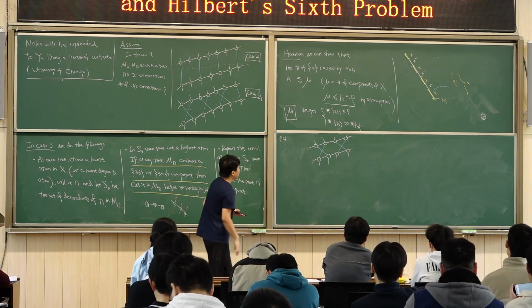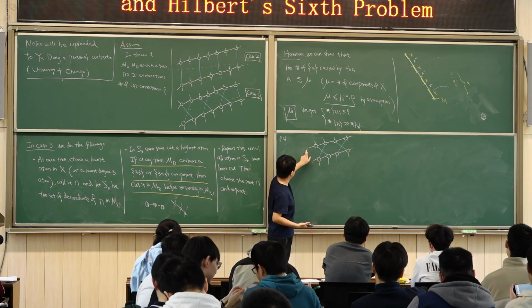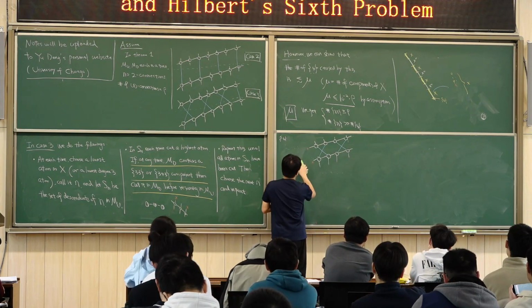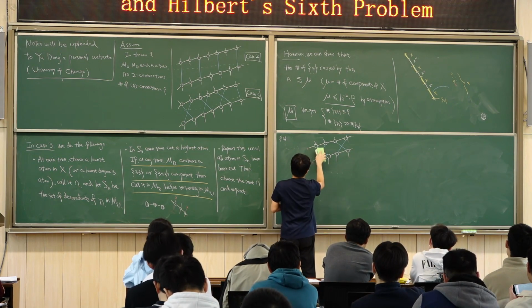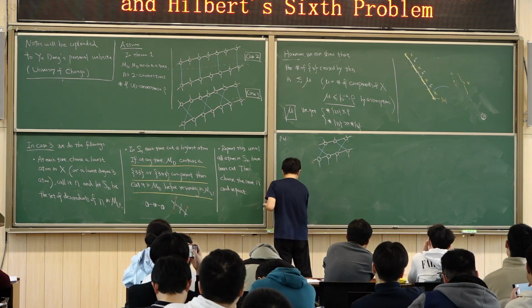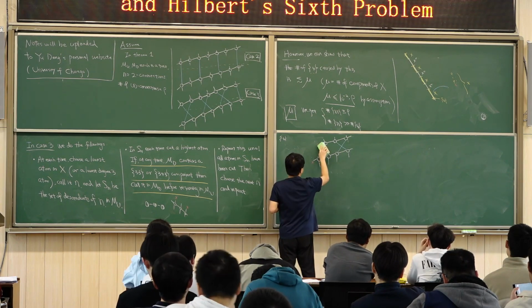And there's nothing happening in the lower layer. We just keep cutting the next lowest in MU, that is this one. Let's say we cut this, create a fixed end here, and then let's say we create another fixed end here.